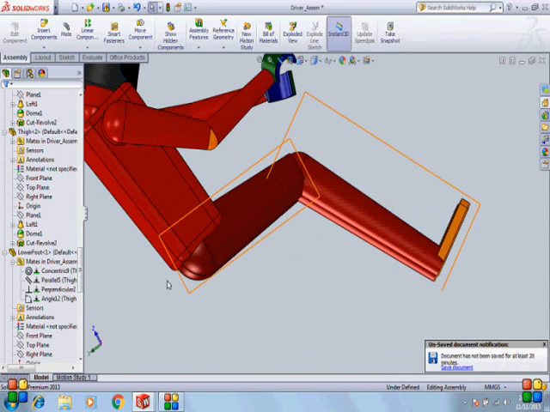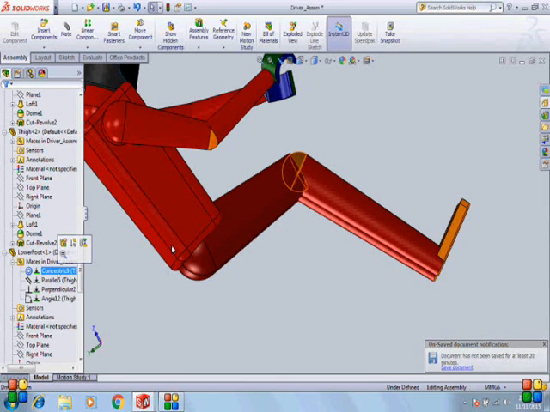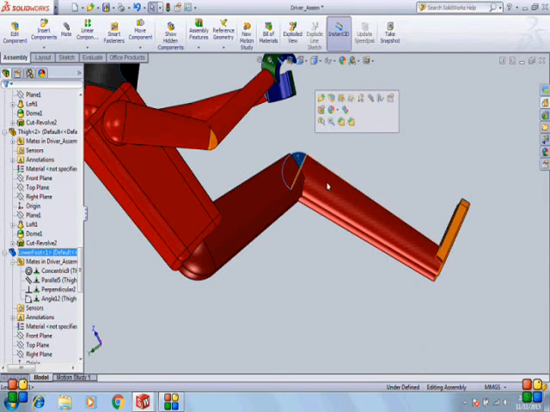The most basic mate that I have given over here is concentric. The bulging part of the lower foot, which you can call your knee, and the hollow cavity in the thigh are concentric to each other. So I have constrained them so that they can move relative to one another, and I can simulate the motion of the knee.